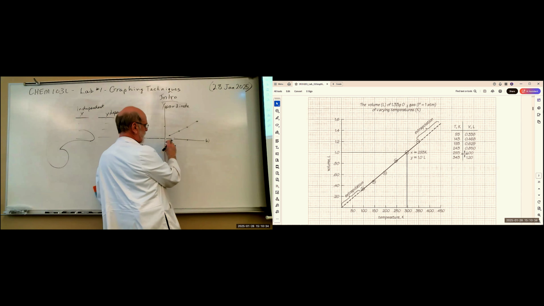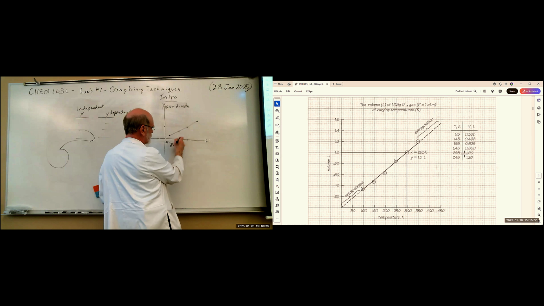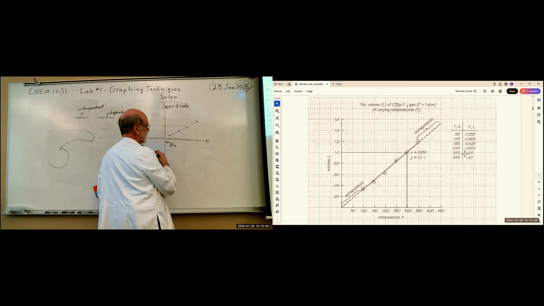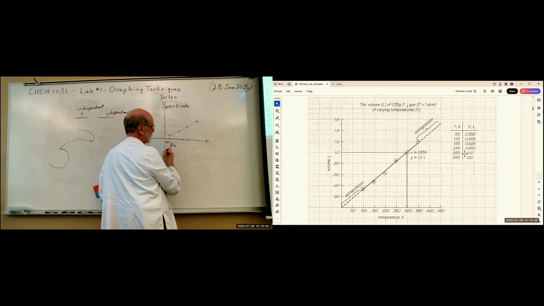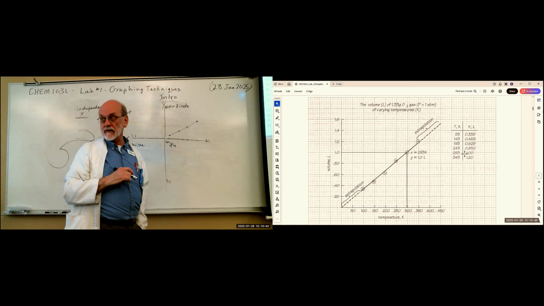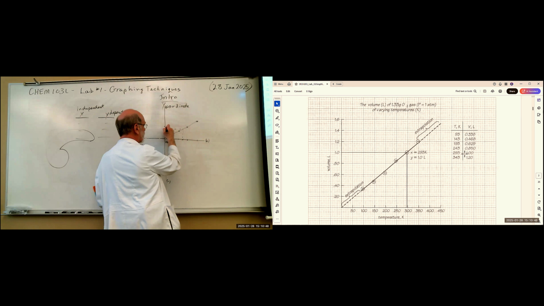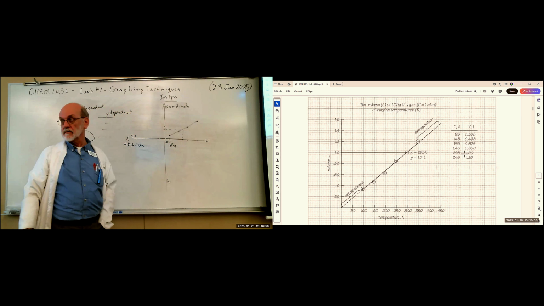What if, instead of these values here and here and there, I want to say, what if I had a value right here? What could I expect? So you go up here and cross here. That's what I could expect as a response.